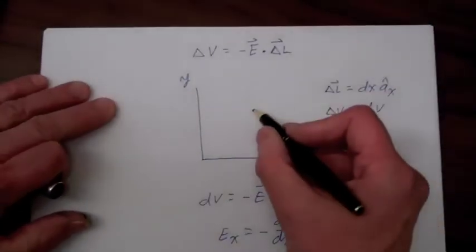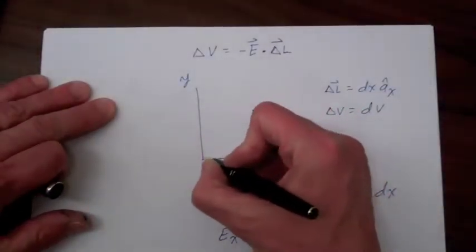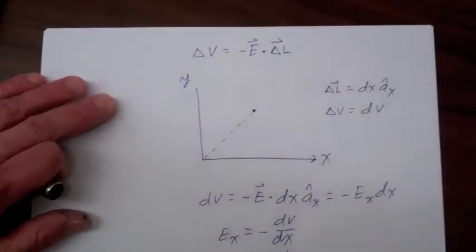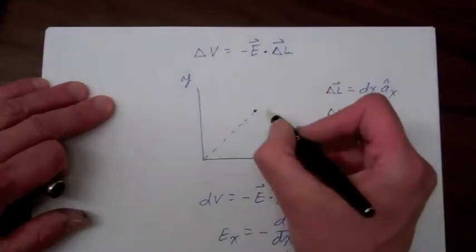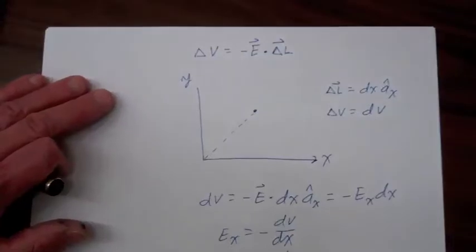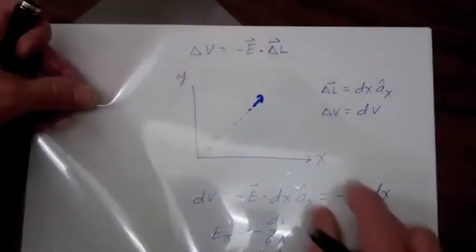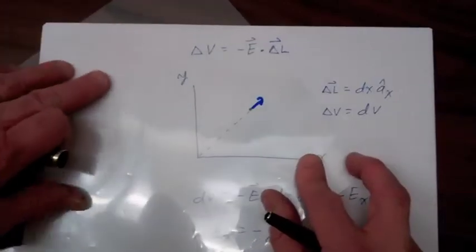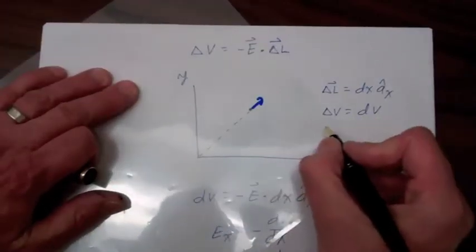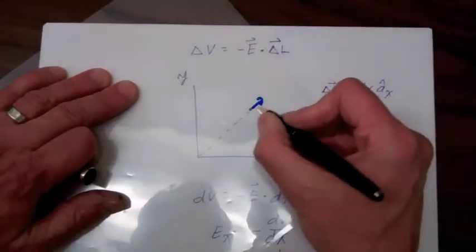Okay, so now let's go back to this point and think in terms of a polar representation. Now what we want to do is bring in this little voltage probe, and let's put it in the rho direction. We're going to make its length equal to d rho.